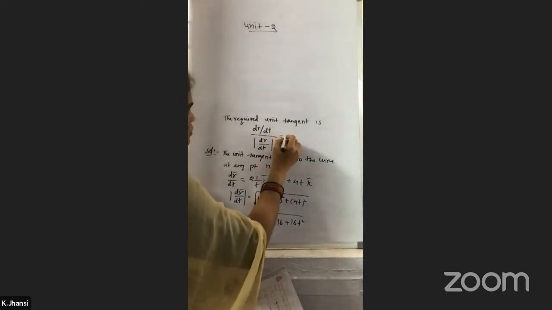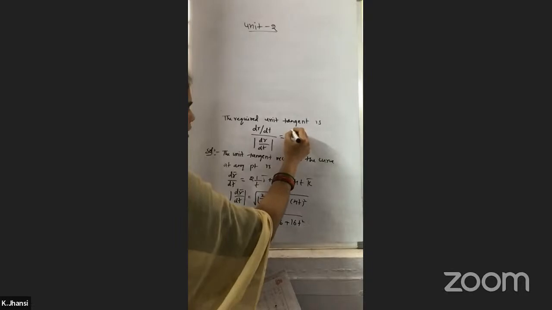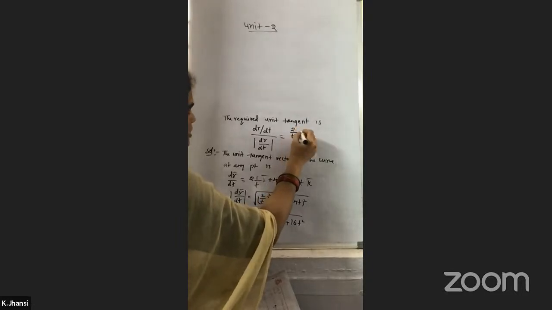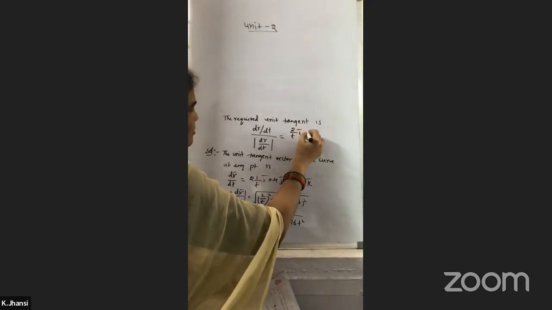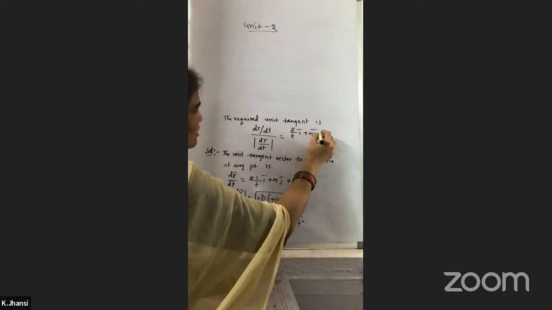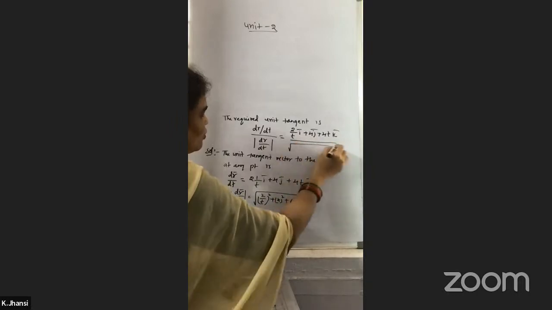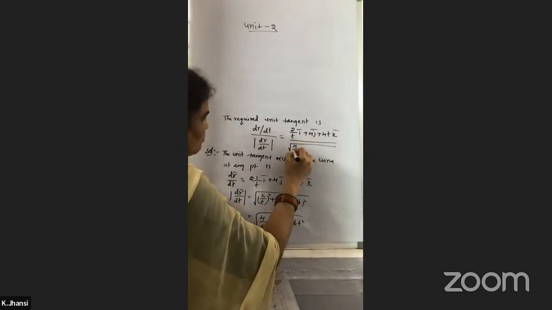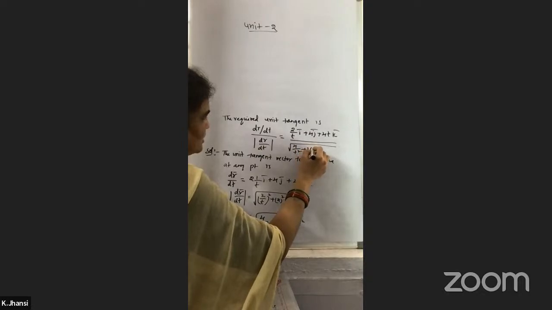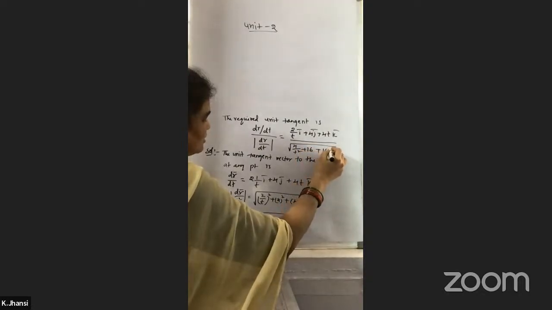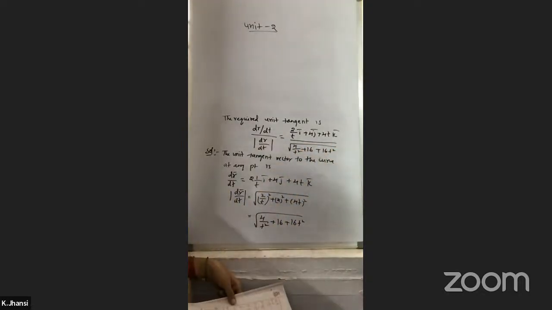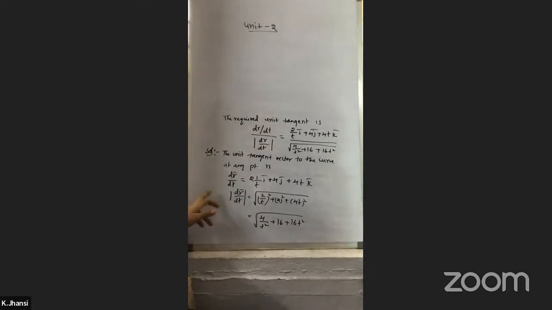So it is equal to, what is dr by dt value? 2 by t i plus 4j plus 4t k by under root of 4 by t square plus 16 plus 16t square. So this is the unit tangent vector of any given curve at any point. Like this, we have to find the solution for this problem.